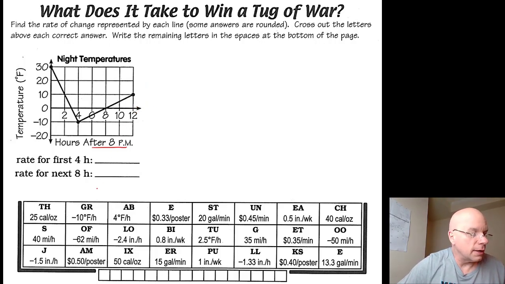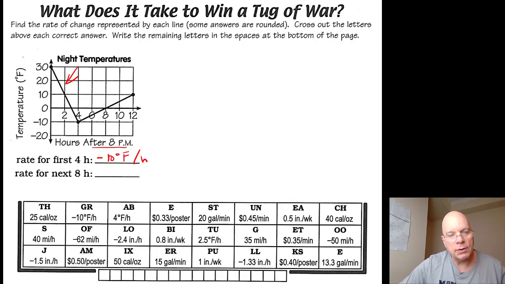In any case, the rate of change for the first 4 hours, which is another way of saying for this first line segment where the slope is negative, is negative 10 degrees Fahrenheit per hour. Then when the temperature starts increasing for this line segment, for the next 8 hours after the first 4 hours, you get a positive slope, positive 2.5 degrees Fahrenheit per hour.